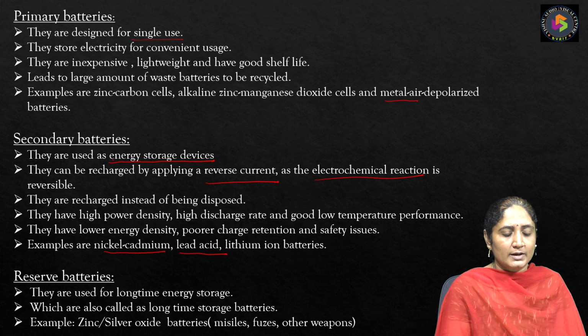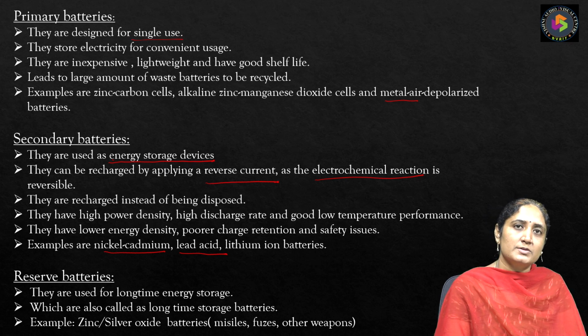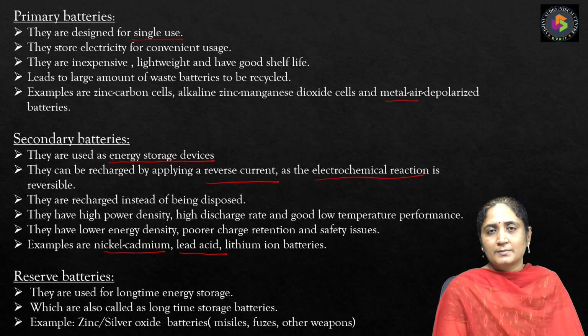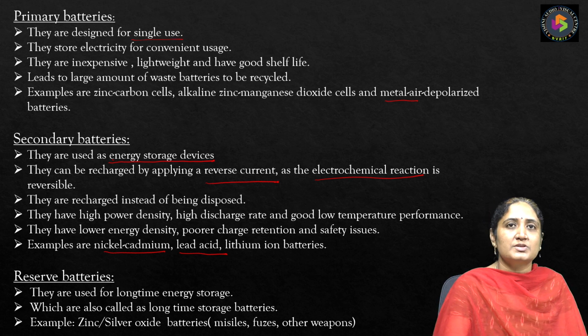Likewise, in missile pads, fuses or other weapons for military vehicles or aircraft, we can use reserve batteries, because sometimes there will be an energy shortage. At that time we can use the energy stored for a long time.